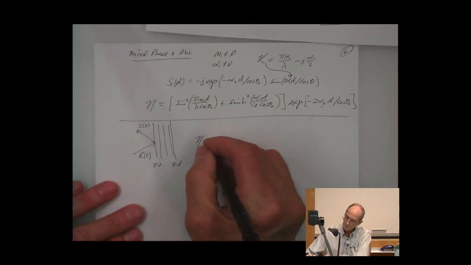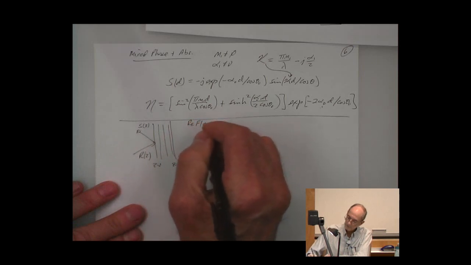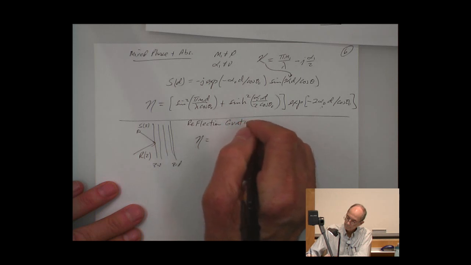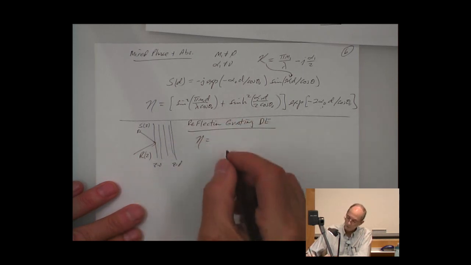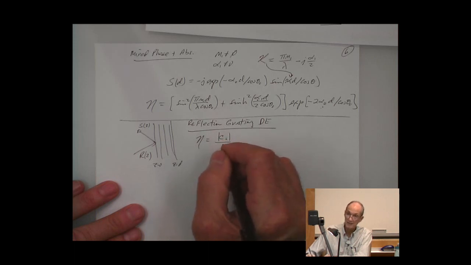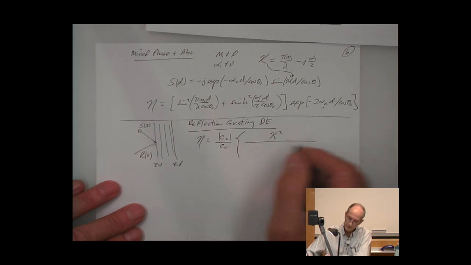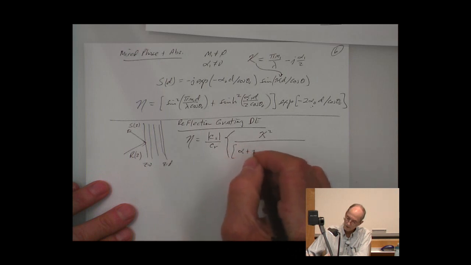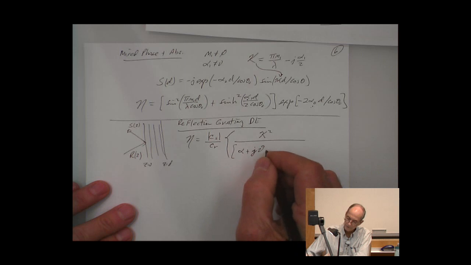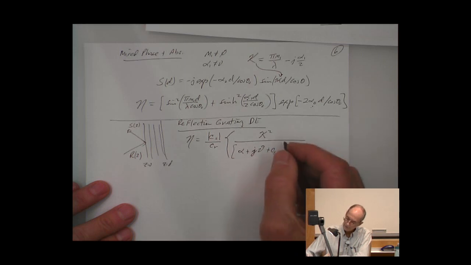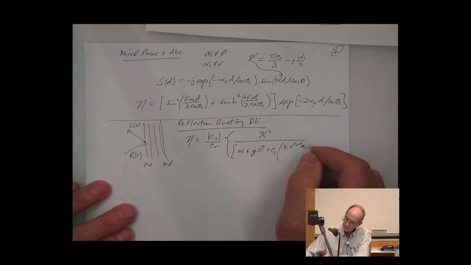And so the general form for the reflection grating efficiency is equal to the magnitude of c sub s over c sub r, magnitude again because it's negative and efficiency can't be negative, times kappa squared divided by alpha plus j times the detuning parameter plus c sub s times gamma 1 e to the gamma 2d minus e to the gamma 1d times gamma 2.